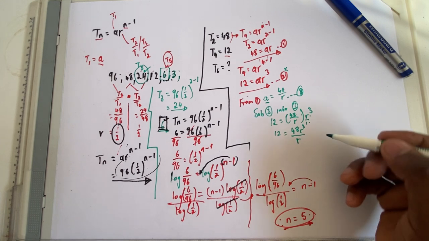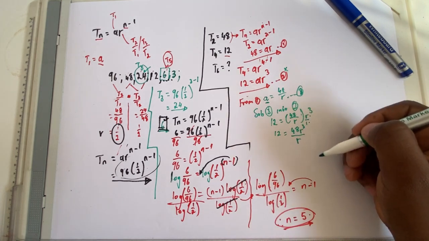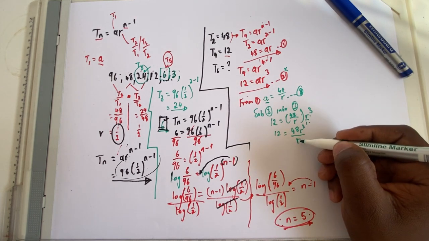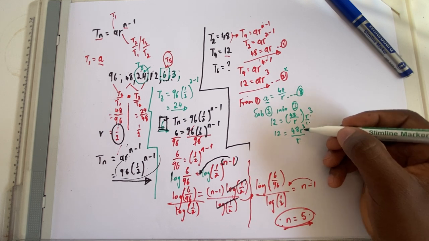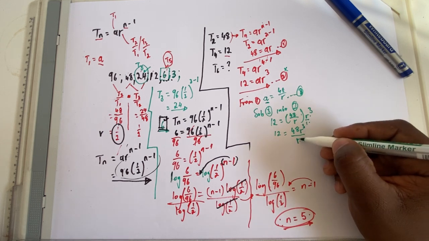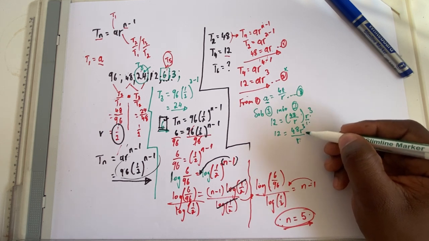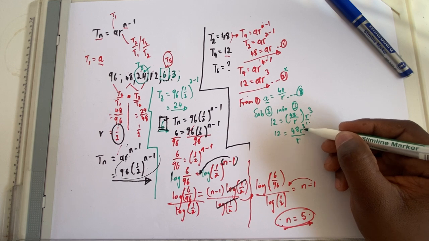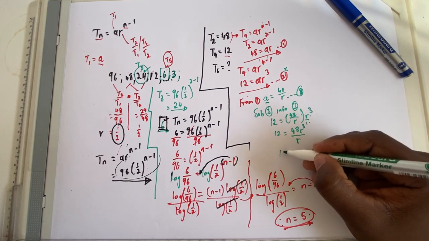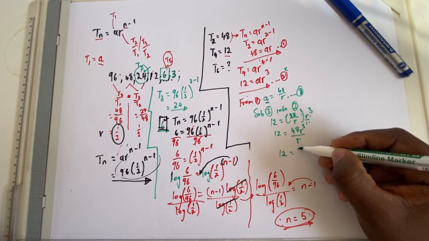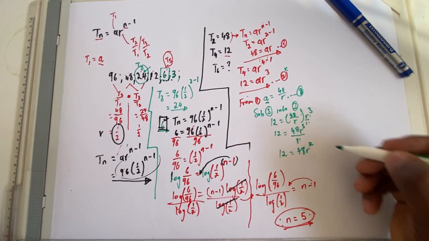Then, r into that one, so the power at the top minus the power at the bottom: 3 minus 1. That side is still 12, and this side I'll have 48 r to the power 2.